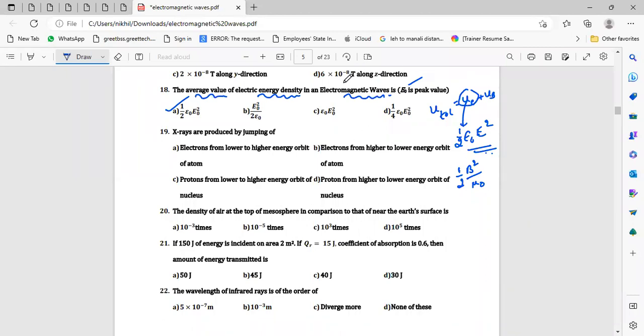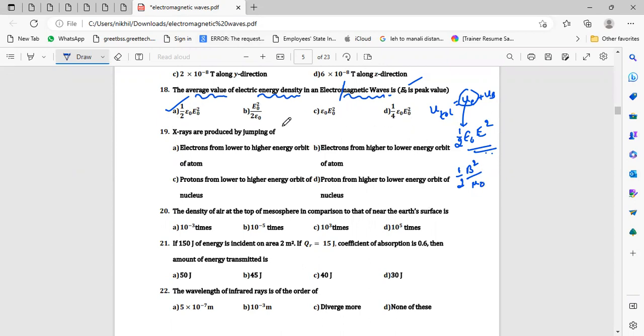But there are both electric and magnetic fields. In the options they're talking in terms of electric field, so I'm going to use half times epsilon naught E squared and half times B squared by mu naught.